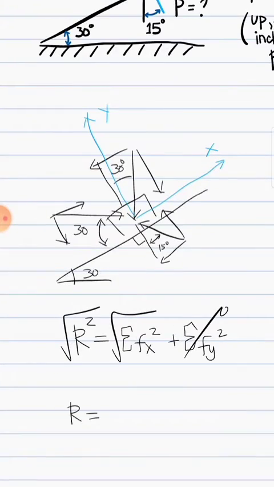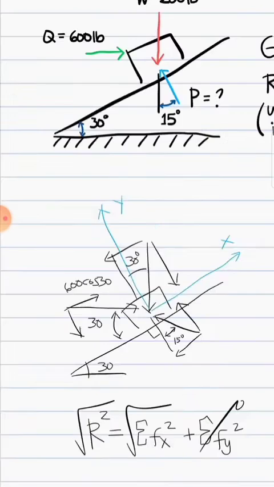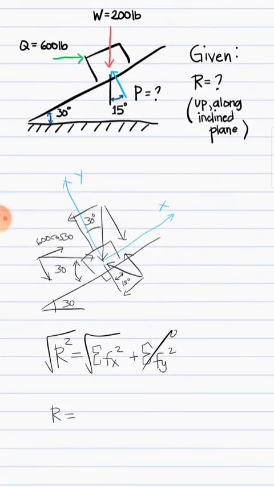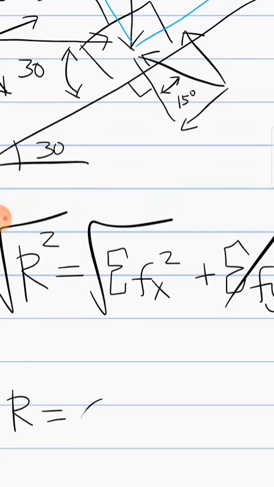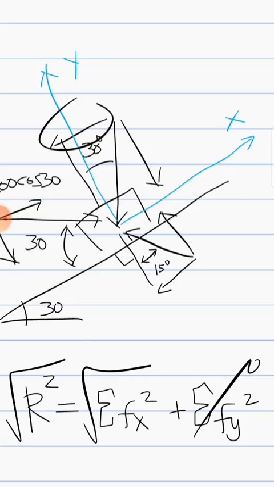So what are the sum of the forces in the X? It's simply 600 cosine of 30. What's the other one? Minus this one.